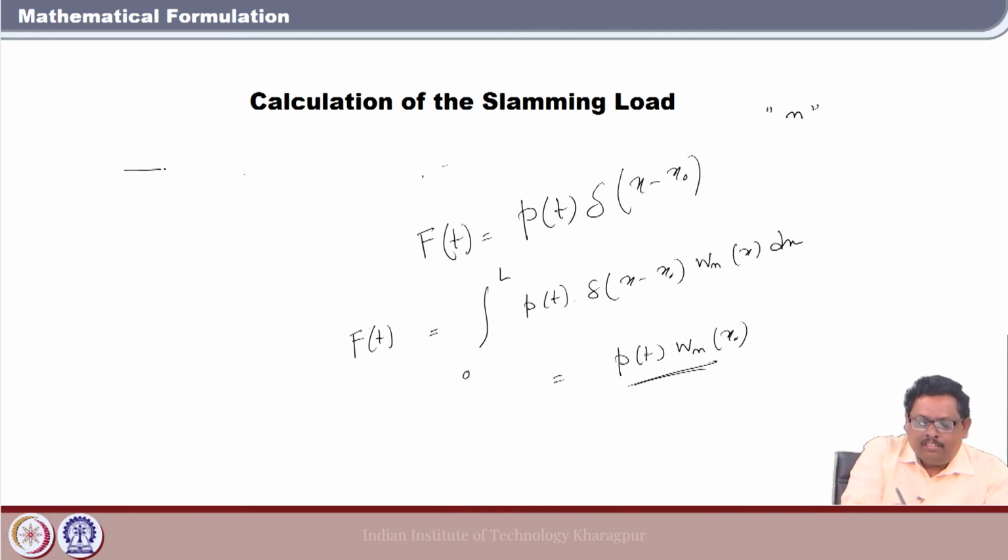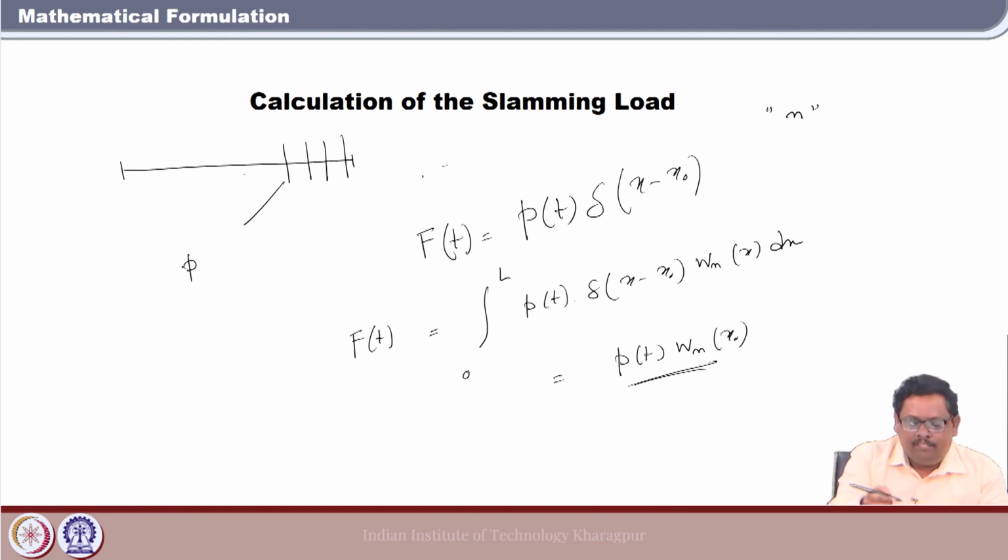that this is along the length, okay, and then you are having some sections, and in each section you are calculating the green water or slamming pressure P(t), okay, and then you multiply this with the Dirac delta function (x - x_i).